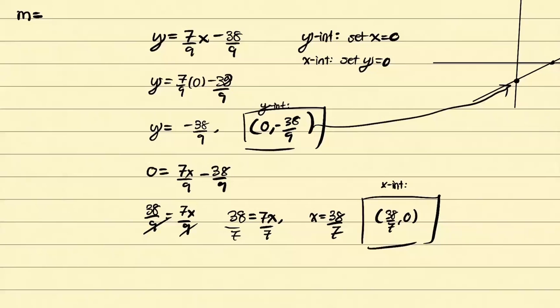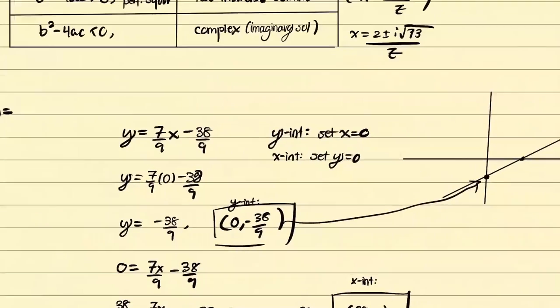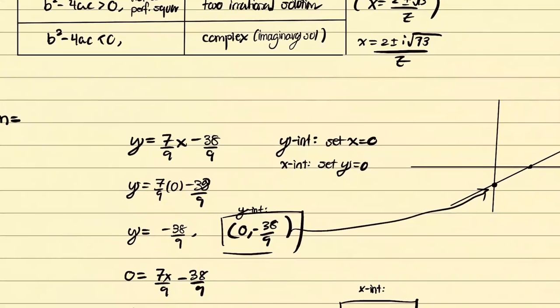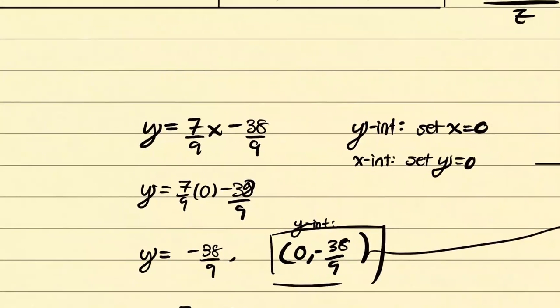And then lastly, I just want to make sure that I'm doing this right too. For the standard form of this equation, would it be 7x minus 9y equals 38? Let's see here. Yep. If I were to multiply by 9 through this, I'd get 9y is equal to 7x minus 38.